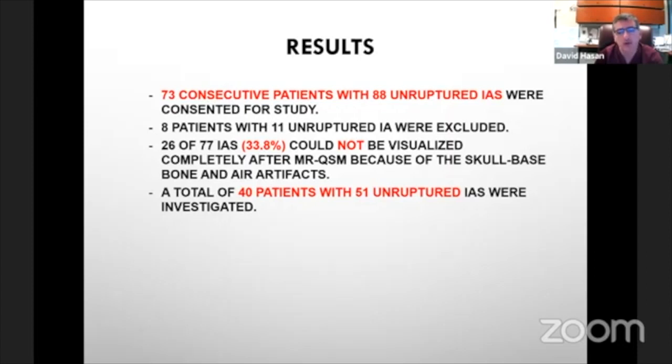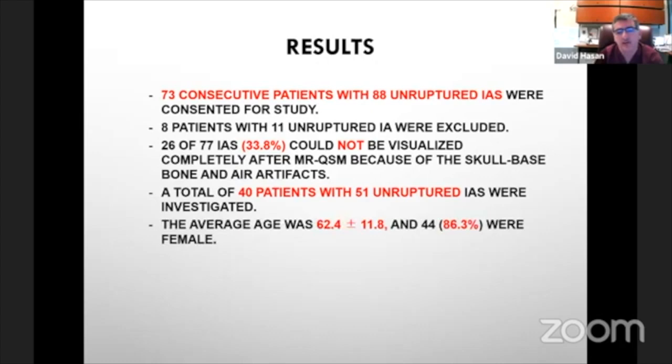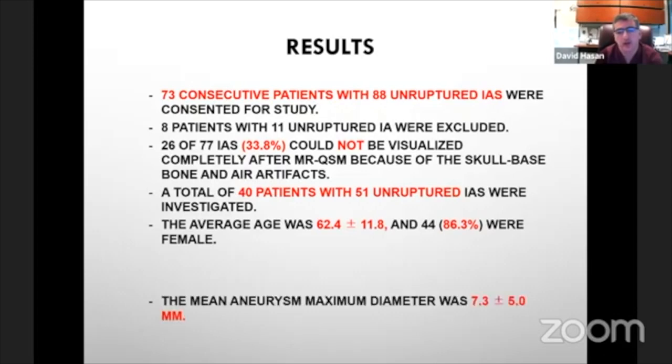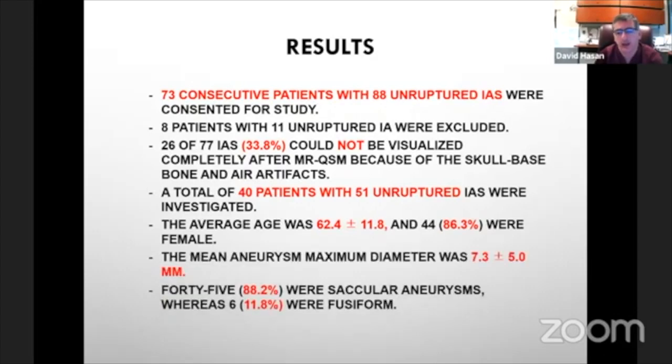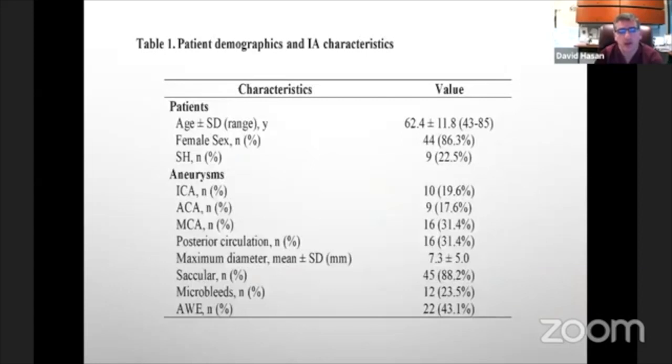All of the 40 patients had 51 unruptured aneurysms. The average age was 62 years old. The diameter was about 7.3 millimeters. About 88% of the aneurysms were saccular and 12% were fusiform. And this is the demographics among these.